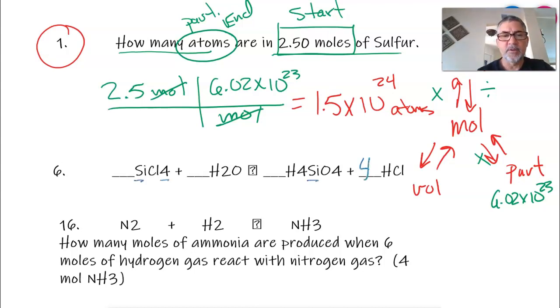I now have 4 hydrogens here, 4 here and 4 more there, so I have 8. I have 2 here, so I'll multiply 2 times 4 to make 8. Now I have 4 oxygens and 4 oxygens. Balancing is easy, so that's all you had to do. Just put the 4 there.